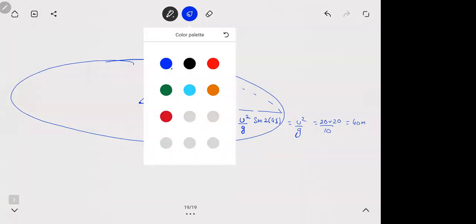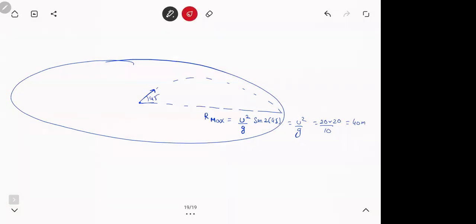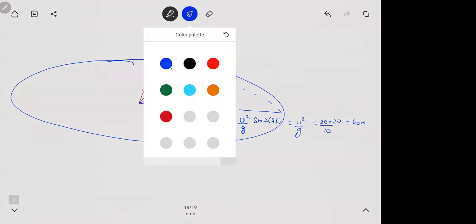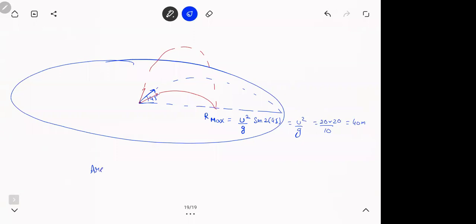Now, if you project with any other angle, let's say 30, you'll fall somewhere here, 60, you'll fall somewhere here. So you're going to different heights, but the water will never exceed this radius. So what's the area? Area will be pi r square, it's a circle, that is pi into 40 square, 1600 pi meter square. Hope this was clear.